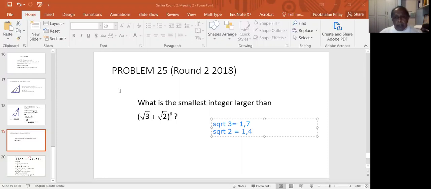But even if you add these two up and raise it to the power of 6, you're not going to get anywhere near the answer. You have to think of some other way. Now, whenever you got square roots added like this, two numbers, and you got a square root there somewhere, one gut reaction which you should apply is you give a name to the same thing with a negative sign in between.